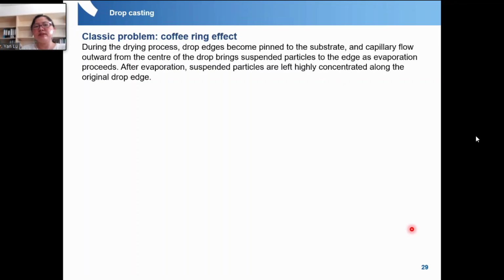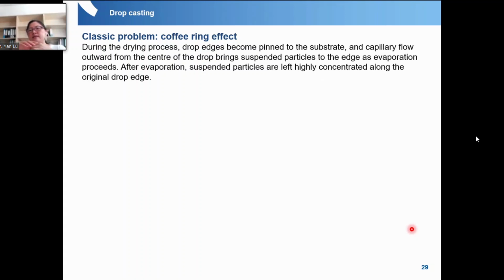And for drop casting, one classical problem is the coffee ring effect. This is the most classical problem caused by drop casting. So the coffee ring effect means, during the drying process, the edge of the drop becomes pinned to the substrate.